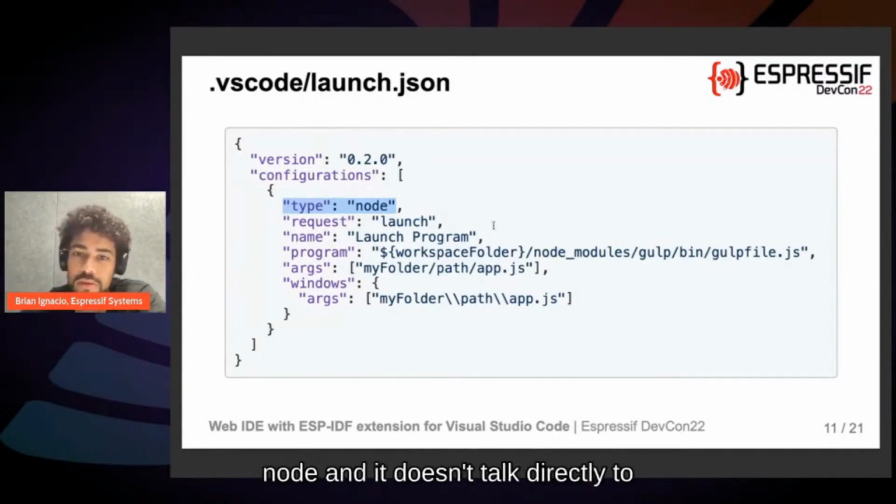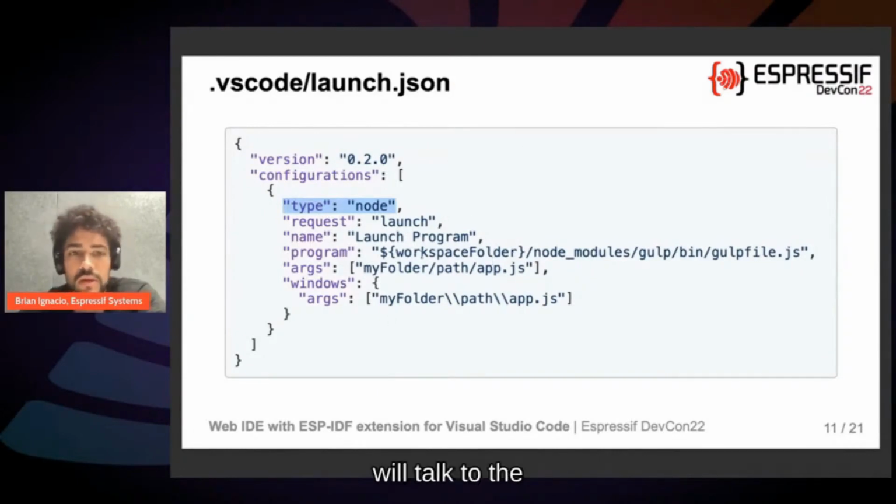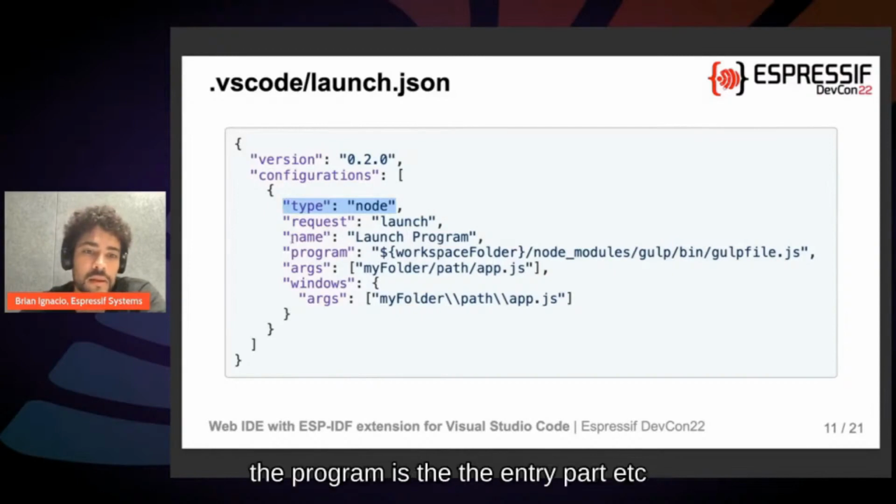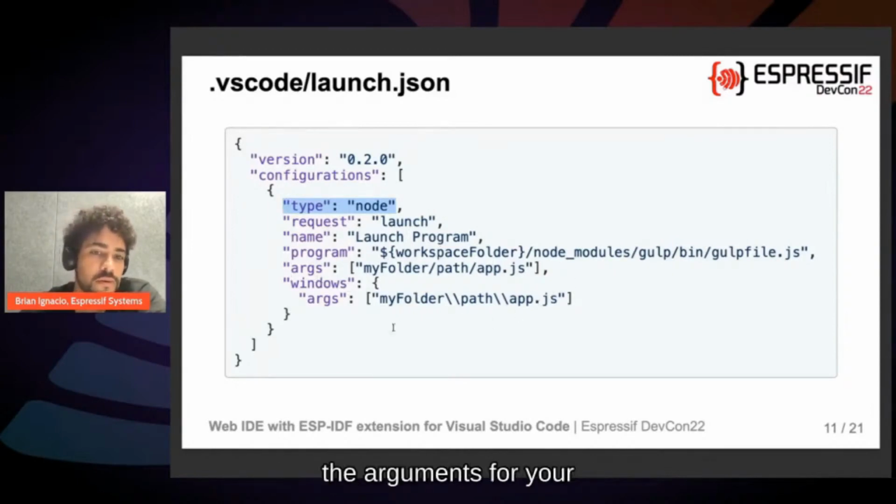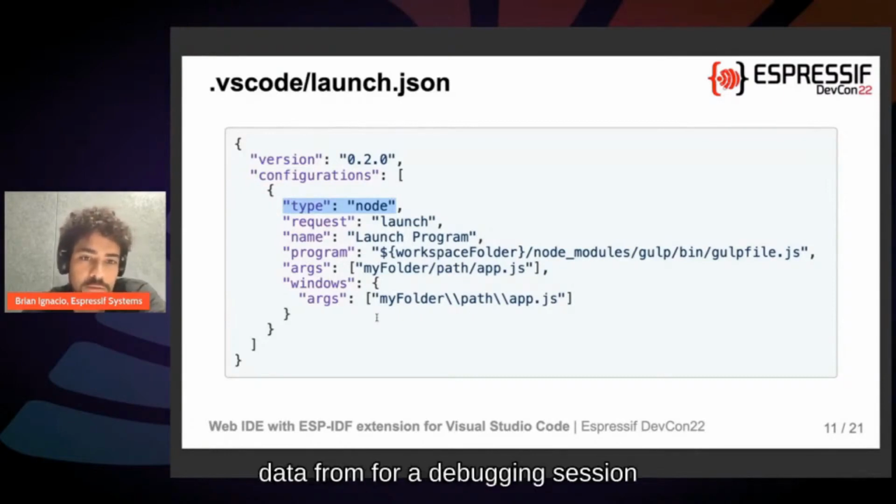It doesn't talk directly to Node, but it has a small set of code that will talk to Node itself. The program is the entry point, etc. The arguments for your debugger, this kind of typical data for a debugging session.